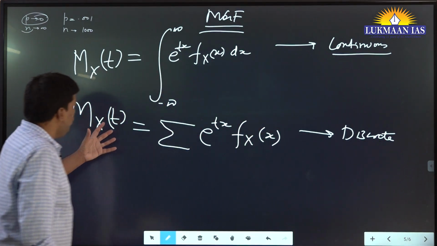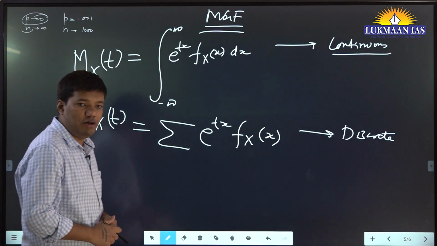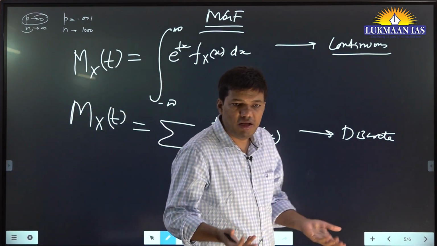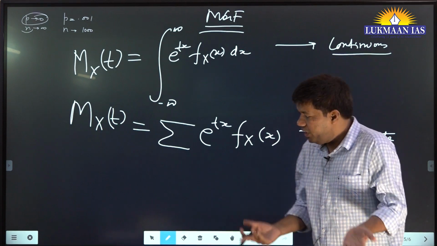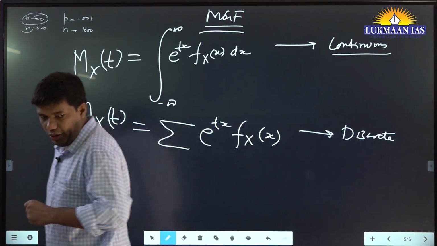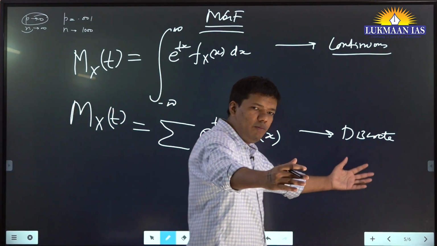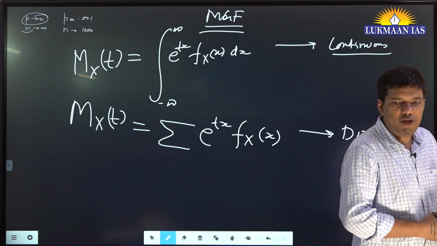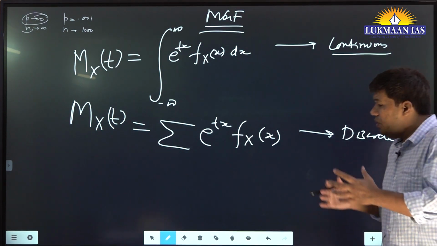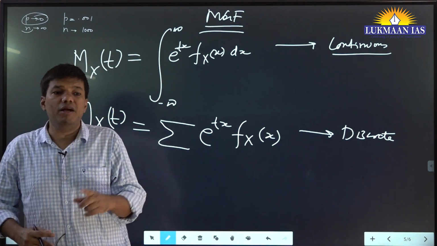When you take the first differentiation, you get the value of the first moment, that is your mean. When you take the second differentiation, you get the variance. Third differentiation, skewness. Fourth differentiation is kurtosis. So this way you can generate the moments. But there was an observation that even if you get these moments, they do not characterize a distribution.